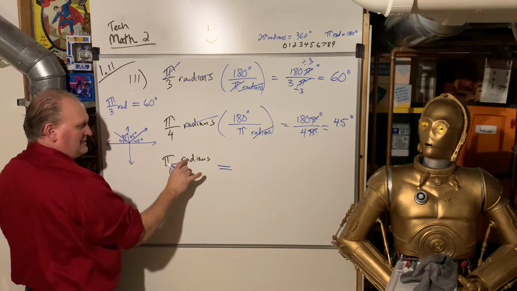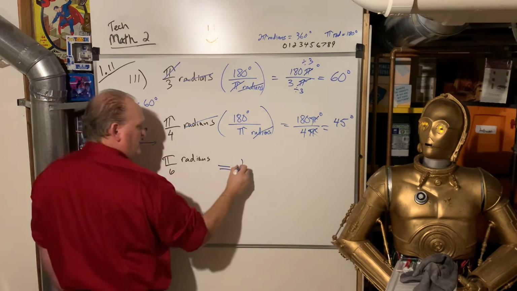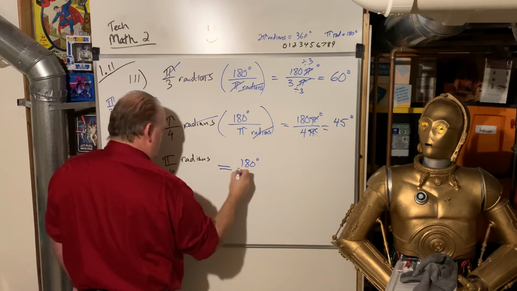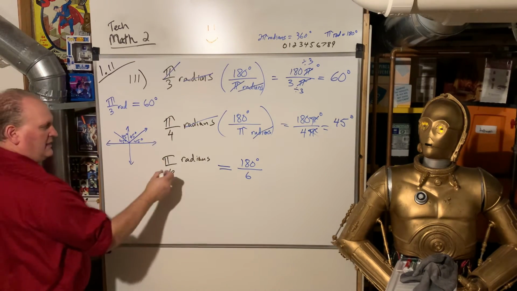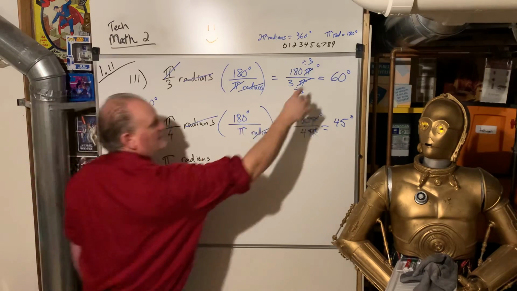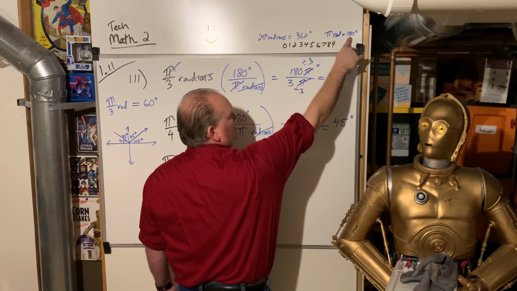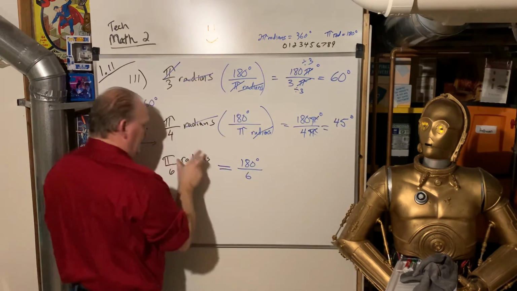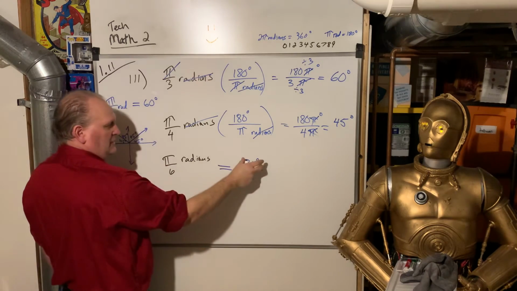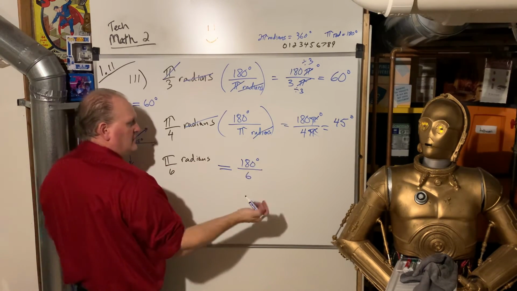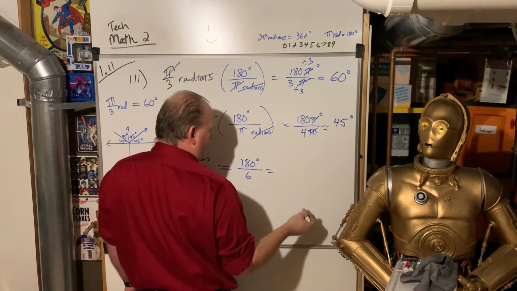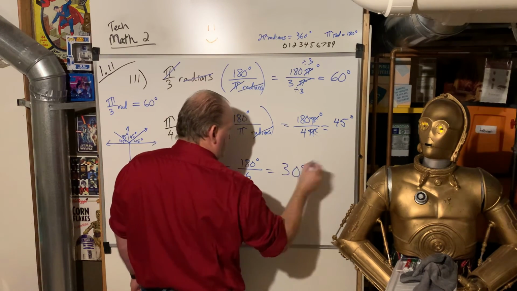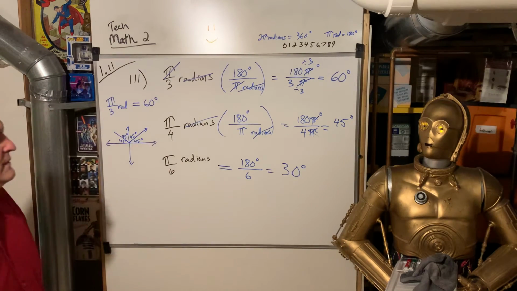Pi radians can be replaced with 180 degrees over 6. And there's no canceling or anything. I just took pi radians because pi radians is equivalent to 180 degrees. And I replaced it. I substituted out from radians to degrees. Also, a way you can do it and then reduce. So divide both top and bottom by 6. And you get 30 degrees. All right.